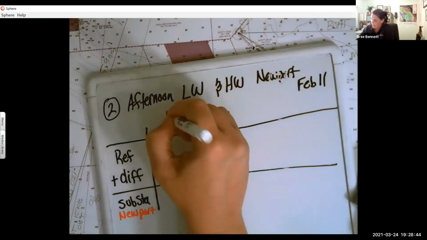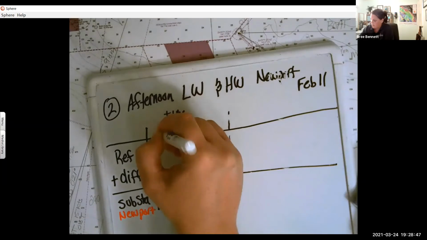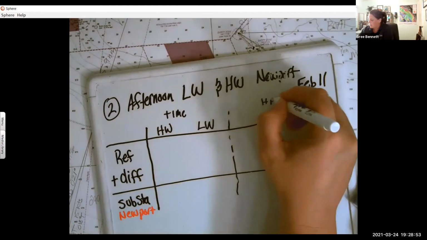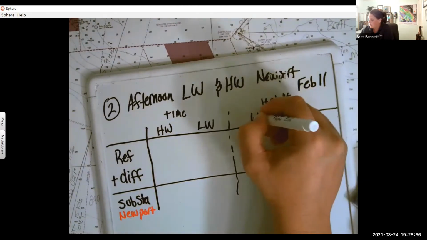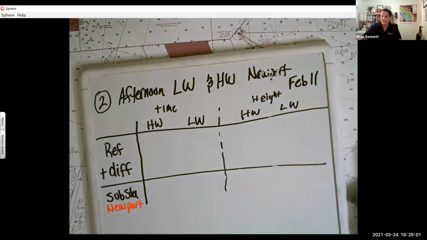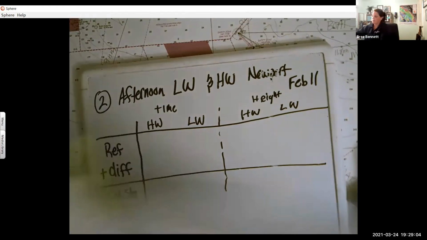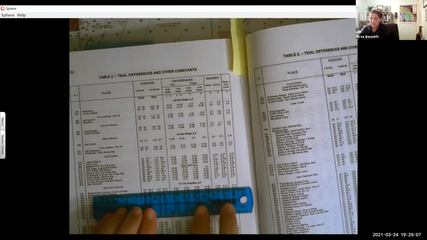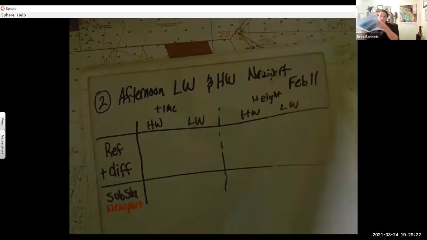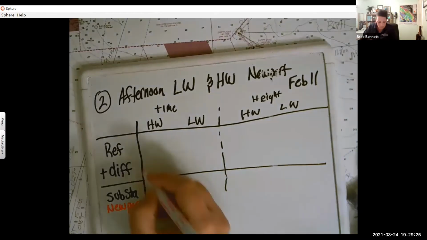And say we have time, high water, low water, and then we have height, high water, low water. And then I'm just going to straight up copy those numbers that they gave us. So they gave us minus 0.003, minus 0.004, little asterisks, that means multiply, and another multiply. So let's write those in.